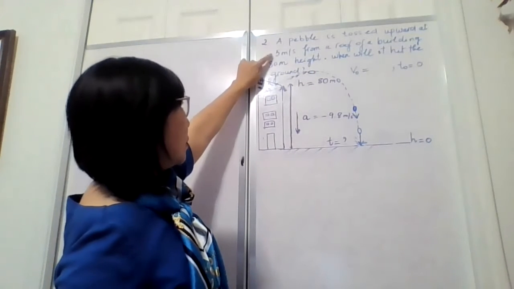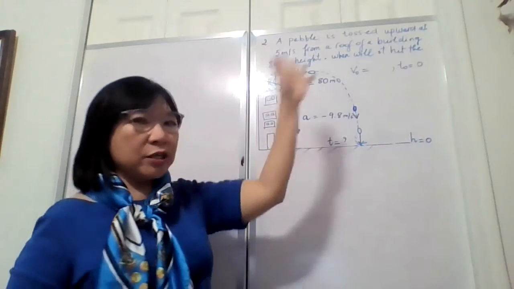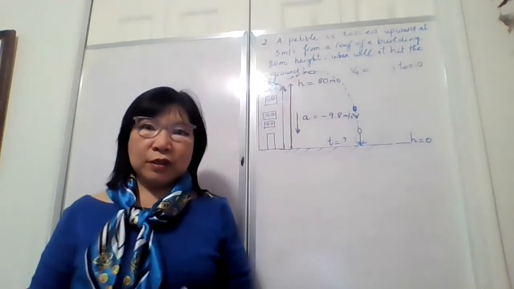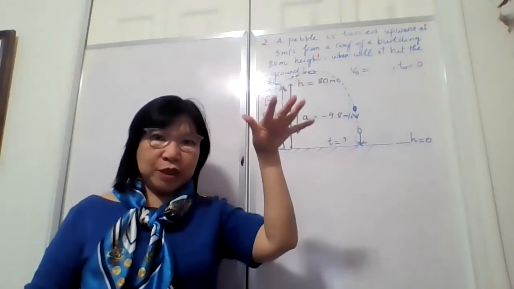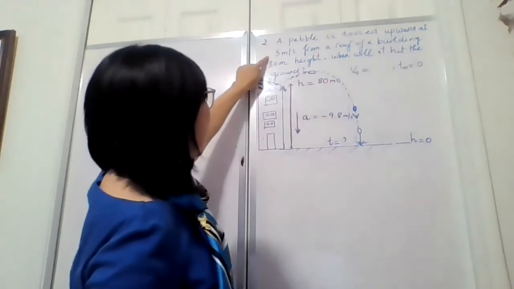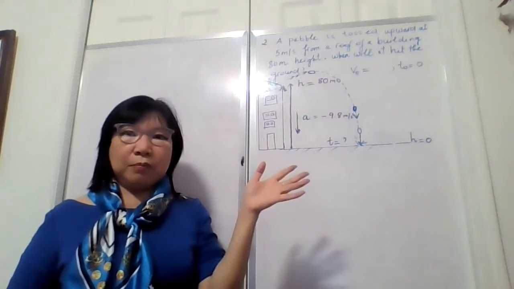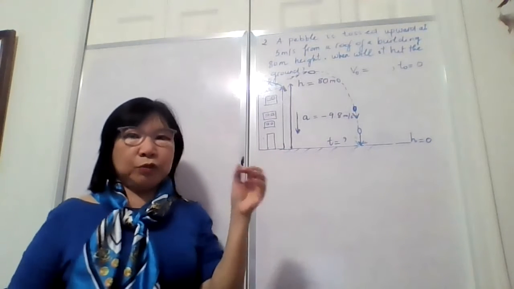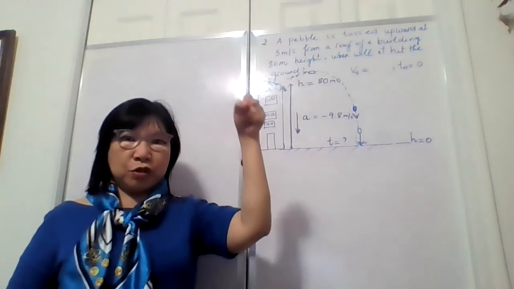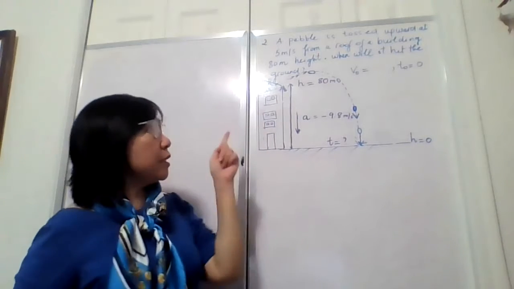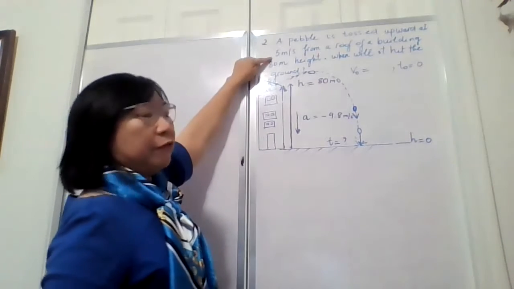The initial velocity when he tossed the pebble is not zero like when we just dropped the object. So the initial velocity here is different from the previous problem, where the object was dropped from the helicopter and the initial velocity was zero. But in this question, it's different.